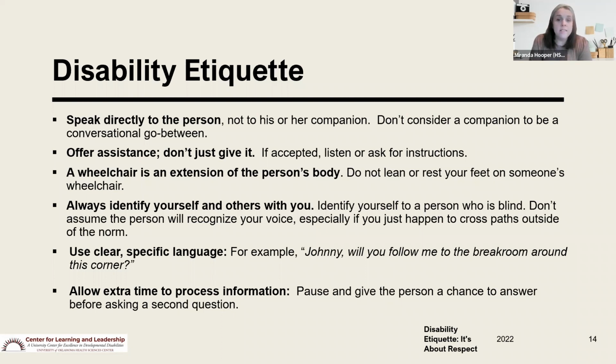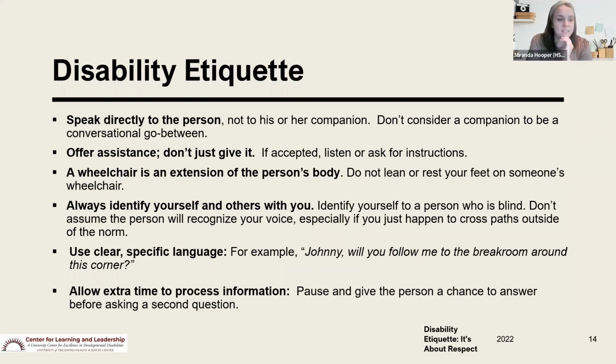And then always identifying yourself. When somebody is coming into a room who is blind, you don't assume that they know who you are based on your voice. You still keep eye contact with them and speak directly to them, because if I start moving away from this microphone, you're not going to hear me as well. So you want to keep that respectful discourse.